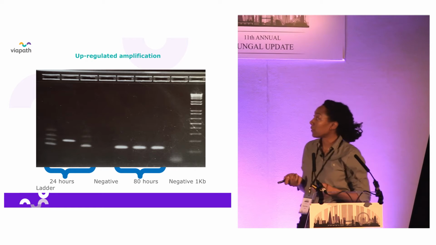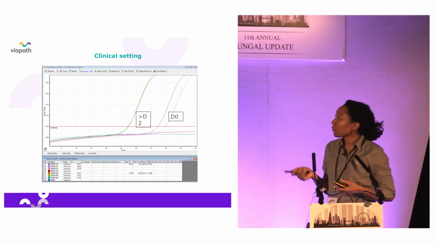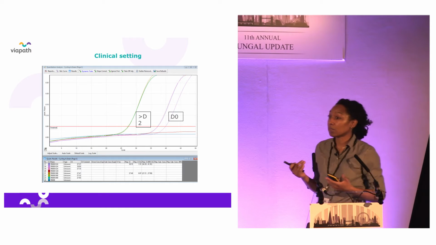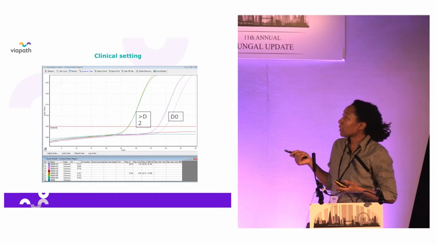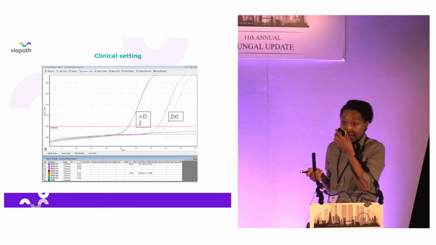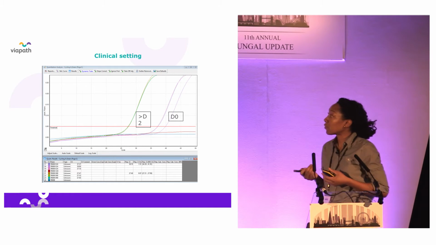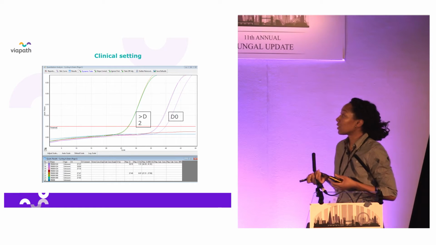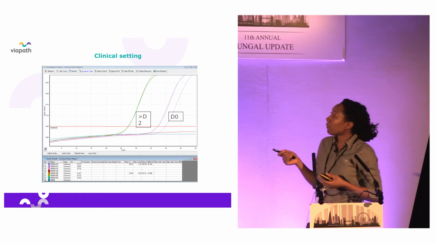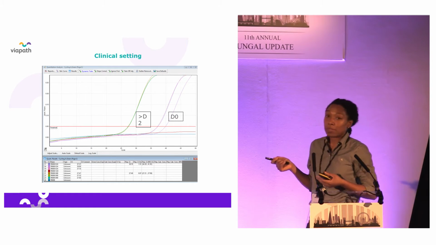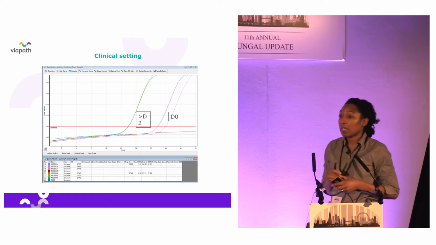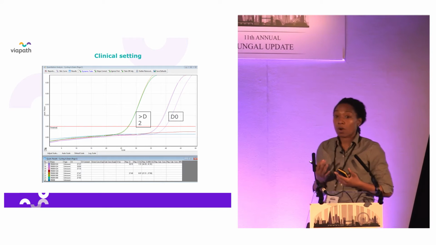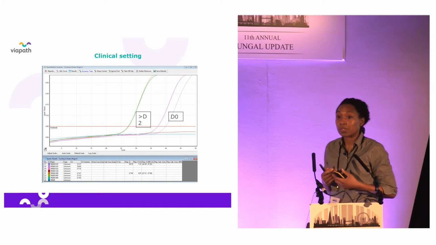between those time points. So if we take this from a clinical point of view, you have a patient that is admitted to hospital on day 0. They're there for maybe a transplant procedure. And a few days later, maybe even after the transplantation has taken place, there's clinical suspicion of invasive fungal infection.